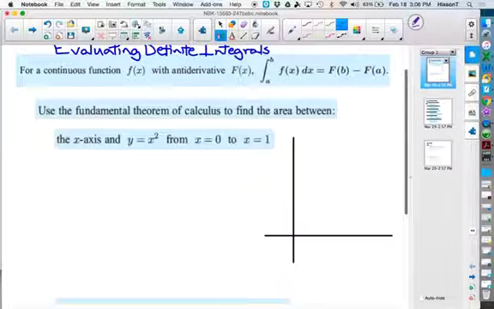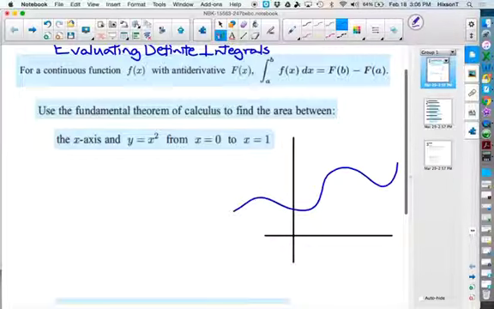Now, I want you to understand what happens here, and see how this connects to something we did back in statistics. Let's say I have this random function like this.